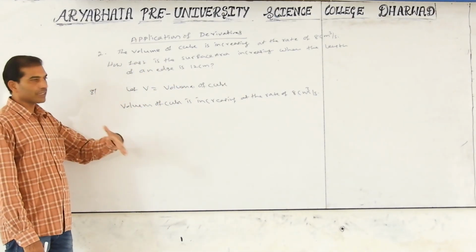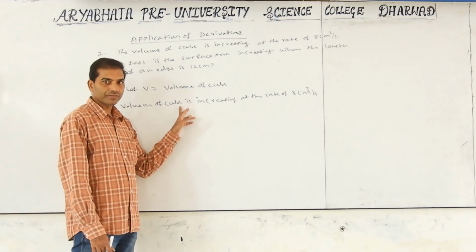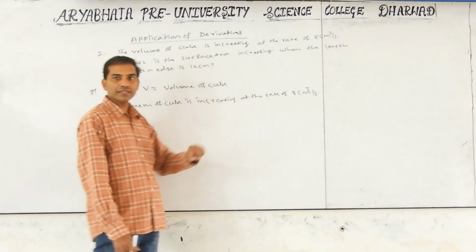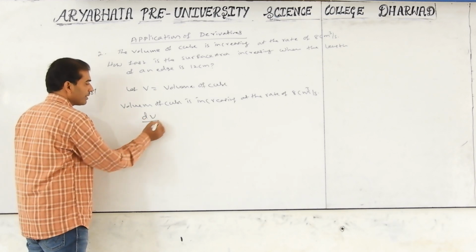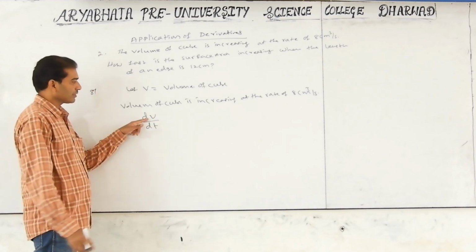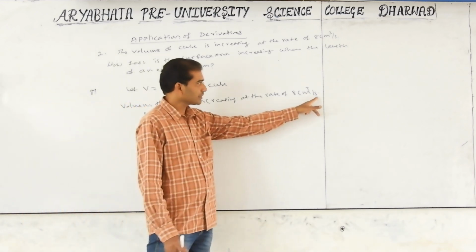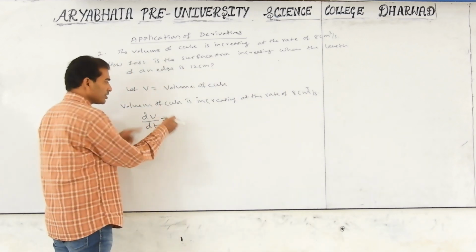Now write it in the mathematical differentiation form. Tell me, the rate of the volume of the cube increasing means dV by dt, the volume of the cube with respect to time, per second. Increasing is positive.